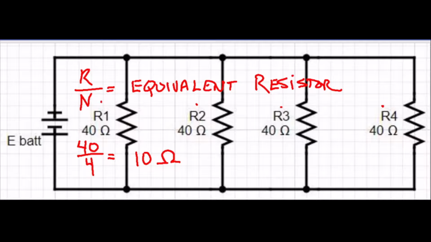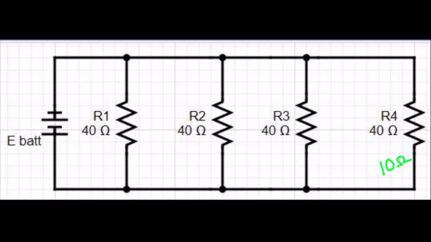I'm going to go ahead and mark down the equivalent resistance over here. So the first thing we need to do is, as in eating an elephant, you do it in little bites. So let's go ahead and just concentrate on this part of it.